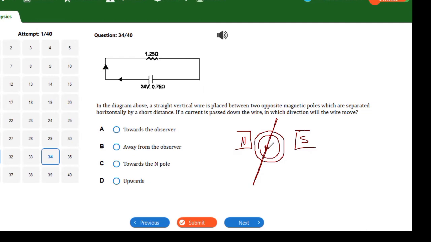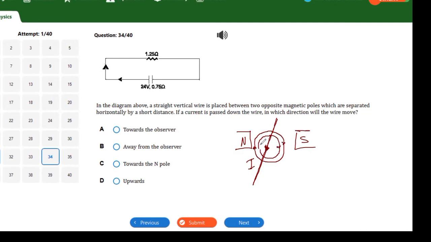Since the current is going in this direction, I. So let's say you hold a pen, let's take that pen to be your conductor, and position your hand such that the direction of your thumb is facing down, right? Then the rest of your fingers are coiling around. So the direction of the magnetic field will be in this direction.